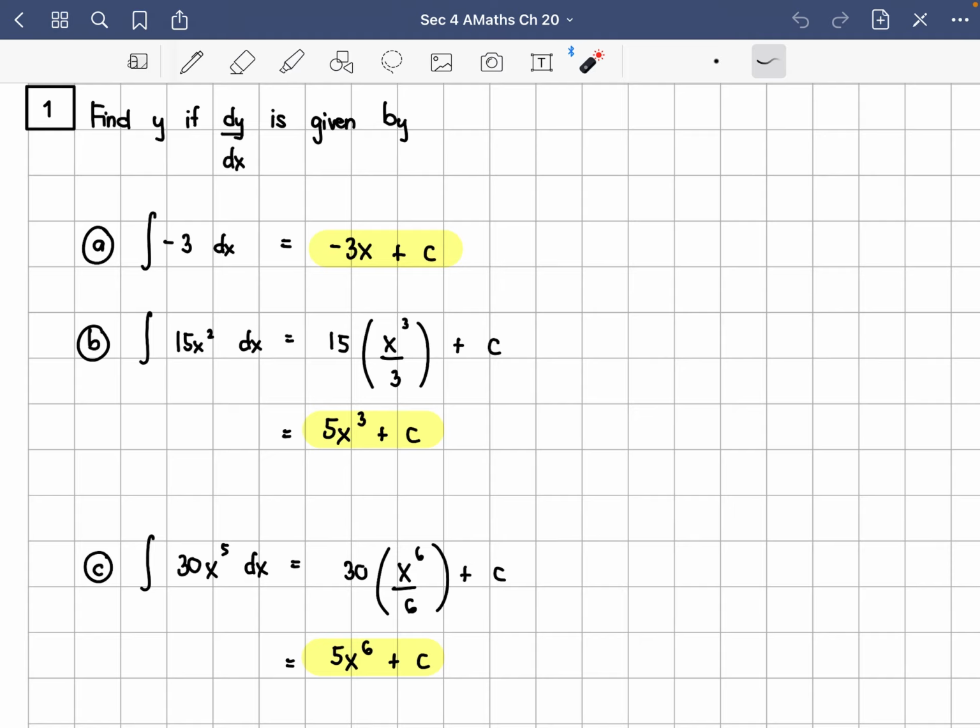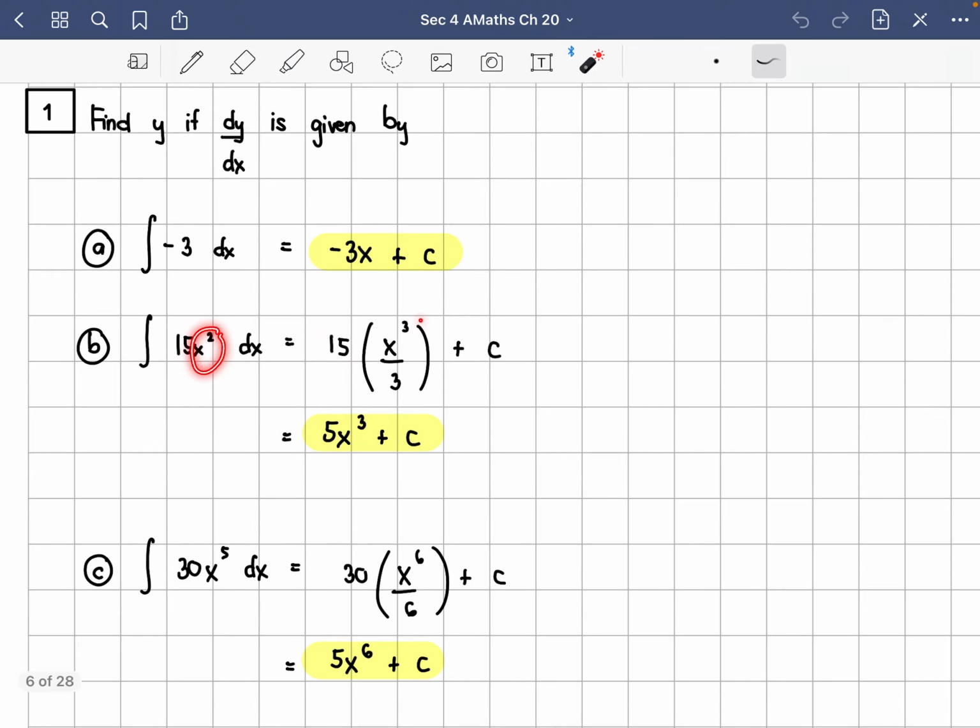Now for letter B, what is the antiderivative of 15x squared? So that is equal to, the coefficient set aside here. And what is the antiderivative of x squared? Basically that is x cubed over 3. Now this is 3 because 2 plus 1 here.